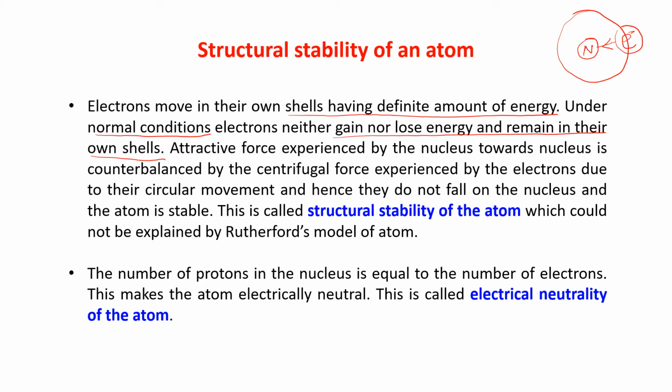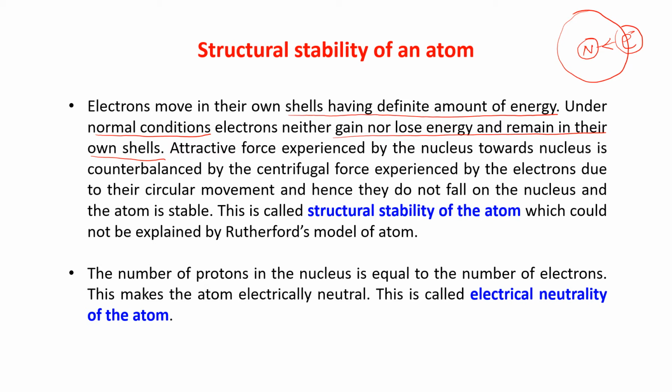So there is always an attraction between the nucleus and the electrons. So why is the electron not falling, not getting attracted towards the nucleus, and just moving in its own orbit?